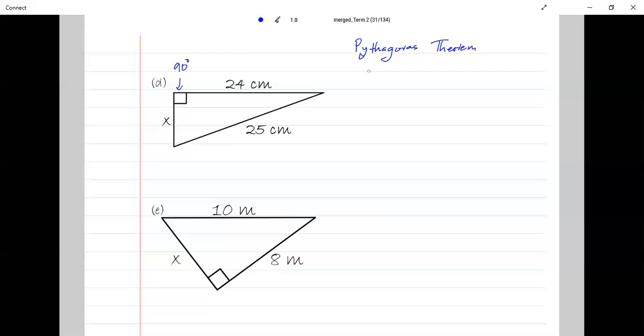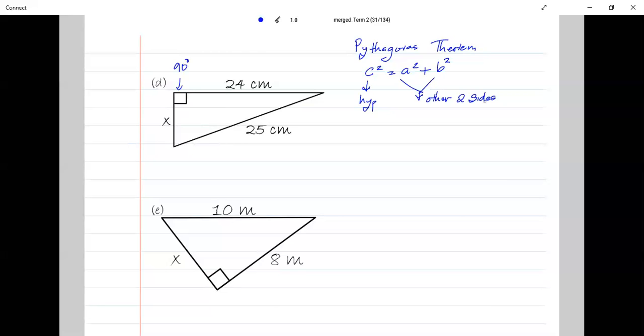It says c squared is equal to a squared plus b squared. That's the formula. In the formula, c is the hypotenuse, and a and b are the other two sides.